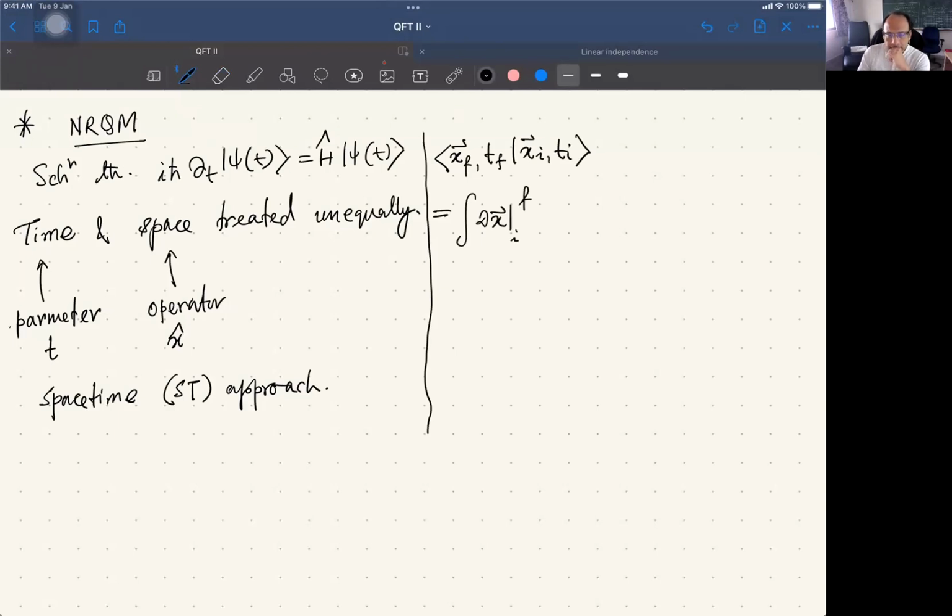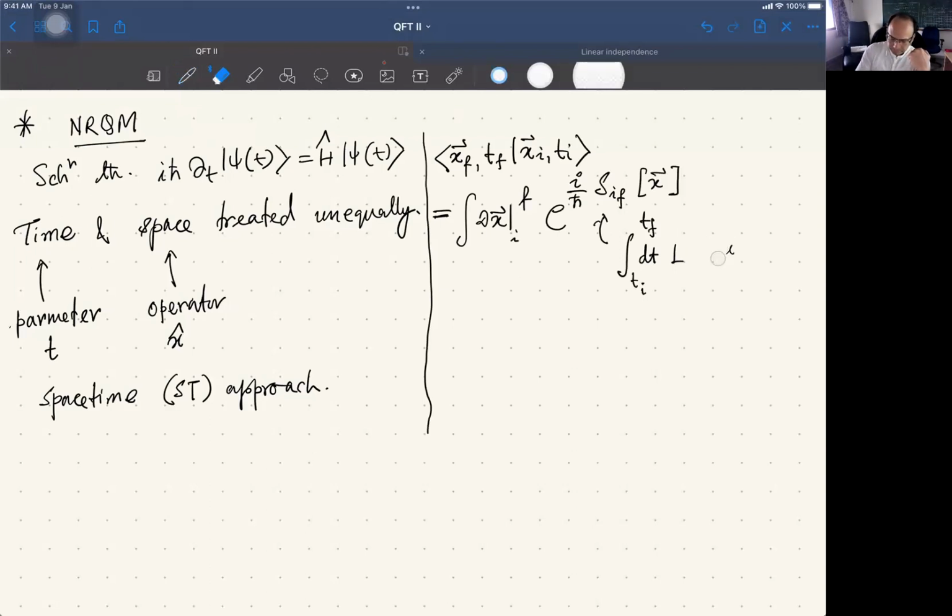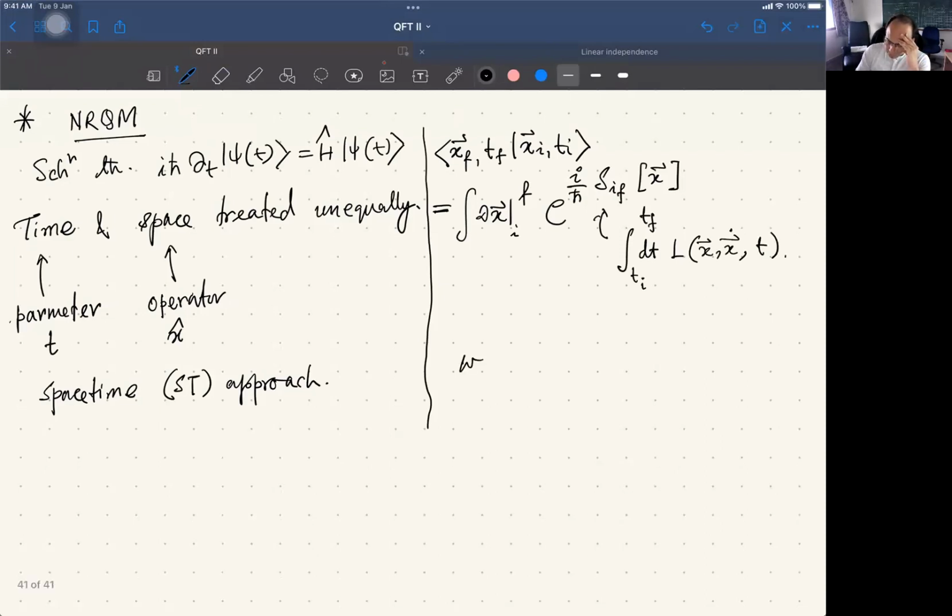So x is a three-dimensional Cartesian coordinate, e to the power i by h bar S[x], where S is given by integral t_i to t_f dt L(x, x dot, and t). And this is a world line approach.